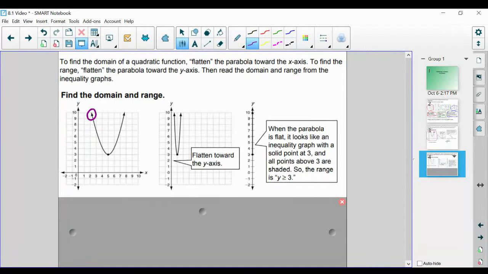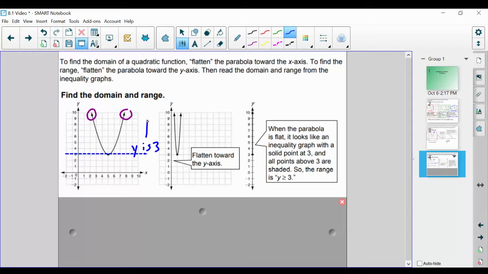You have the arrows that are going up, which means that we're going to be increasing forever and ever and ever. That's what arrows mean. So what I do is I'll go to the bottom and I'll see, at what y value is the lowest part of our parabola? Well, the lowest part is going to be when y is 3.